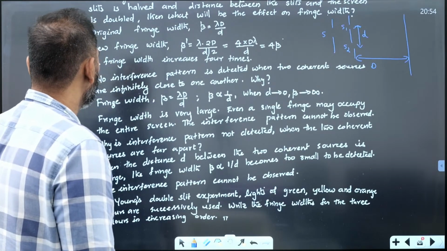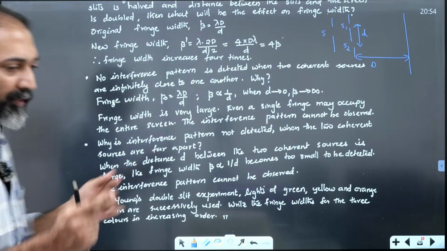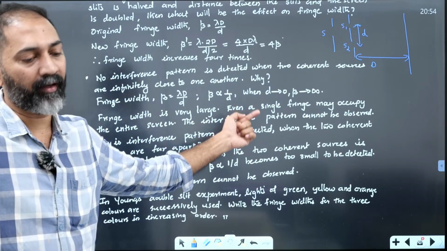Next case. Why is the interference pattern not detected when two coherent sources are far apart? When the distance between the two coherent sources is large, fringe width beta, which is directly proportional to 1 by d, becomes too small to be detected, so the interference pattern cannot be observed. So the sources should not be too close and also not too far.